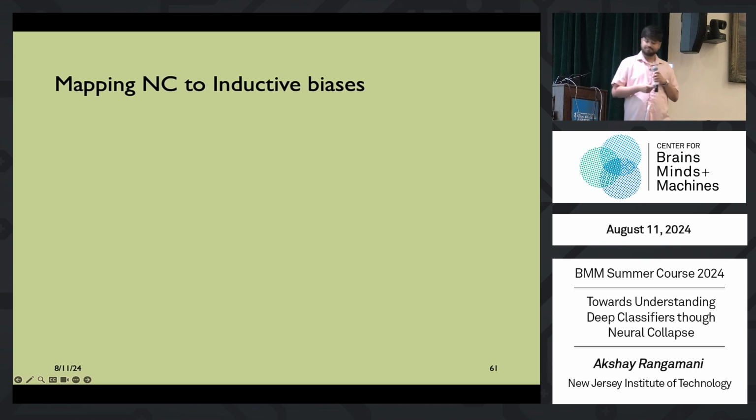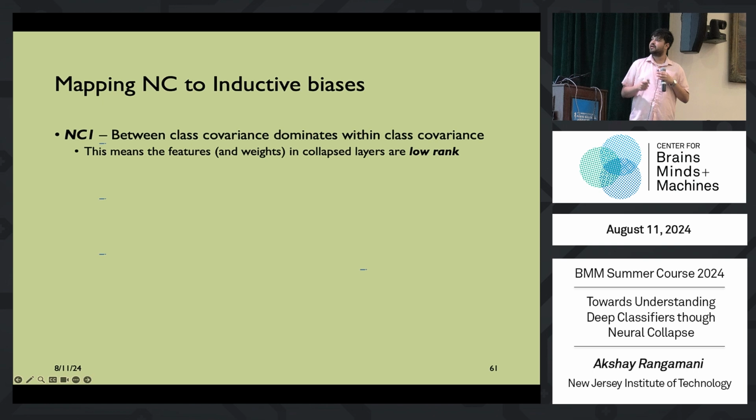Now, all right. So that was a quick intro to generalization. One of the hopeful, useful insights that we get from neural collapse, I think, should be that it describes the inductive biases of deep learning pretty succinctly, and from each of the neural collapse conditions, I think you can get a couple of different concepts.